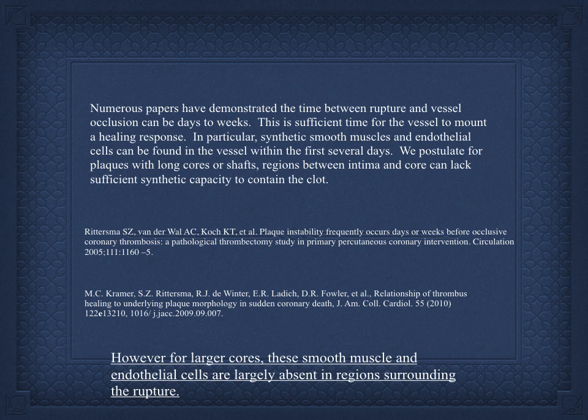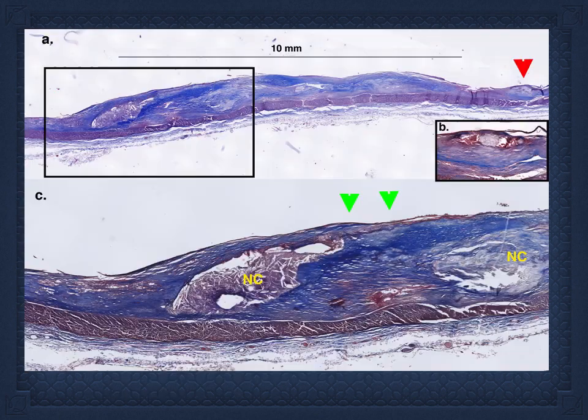And these two papers illustrate that after a rupture, it takes days to weeks before an occlusive event often will occur. So there's time to establish cellularity in the clot and contain it, and contain the thrombogenicity of that local region. And we're just going to show one example slide.